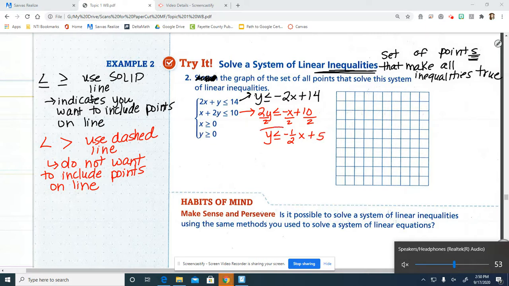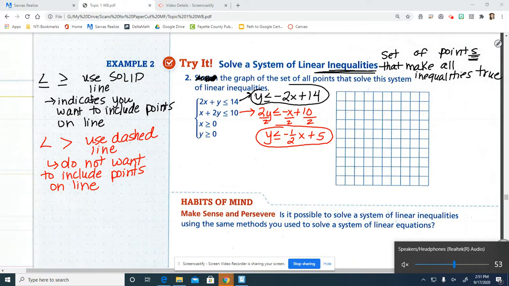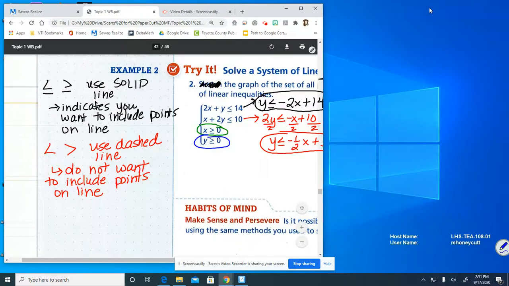So I need to graph this inequality, and the one written in black. And then I need to also graph x is greater than or equal to 0 and y is greater than or equal to 0. So we're going to get our graphing calculator, in other words, our graphing computer.